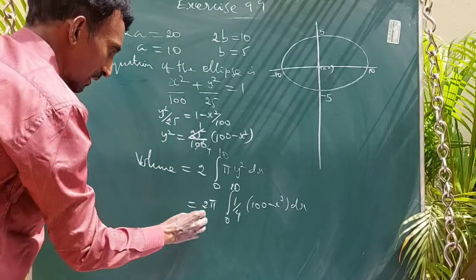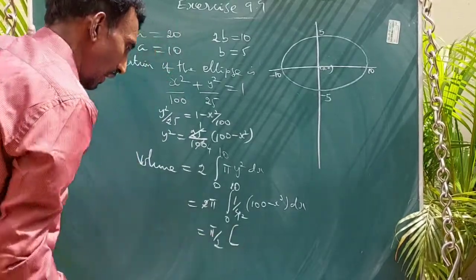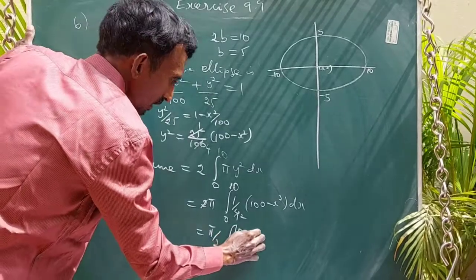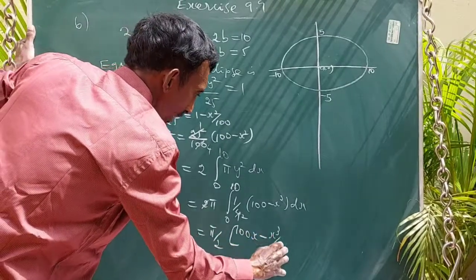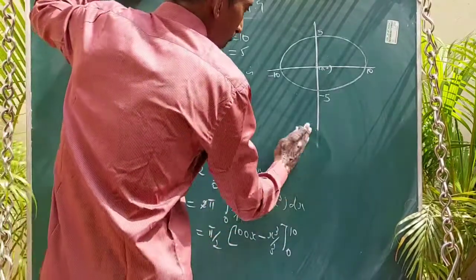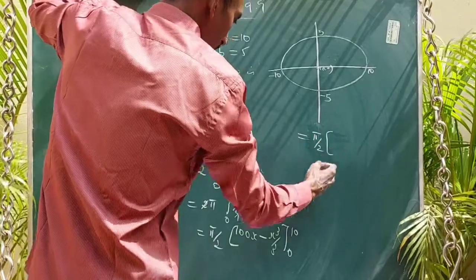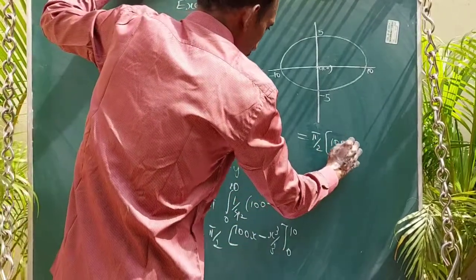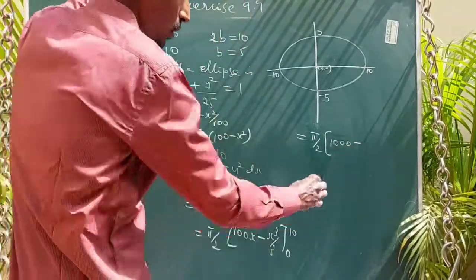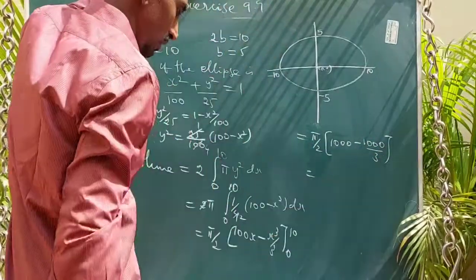If you want, you can cancel 1 times, 2 times, so pi by 2, integral 100x minus x cube by 3, limit 0 to 10. Lower limit not needed, just put the upper limit. So pi by 2 into 1000 minus 10 cube, so 1000 by 3, lower limit 0 is 0.